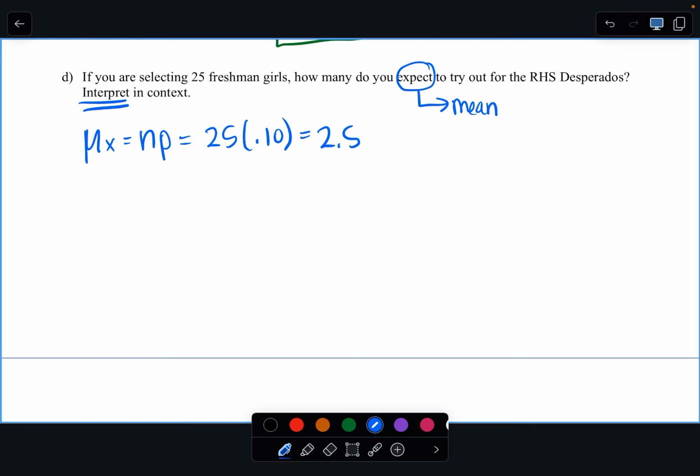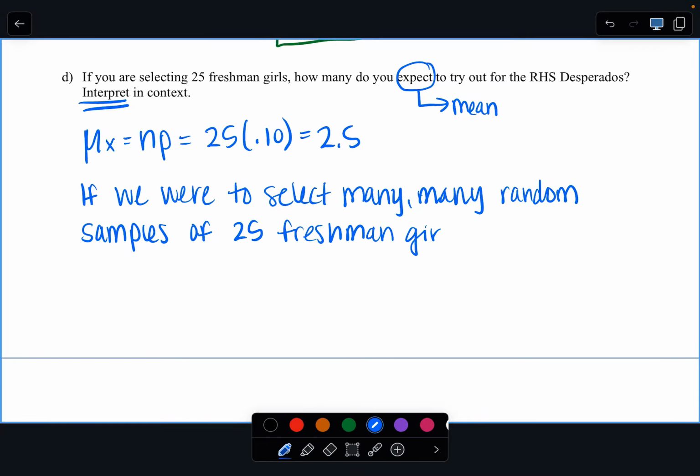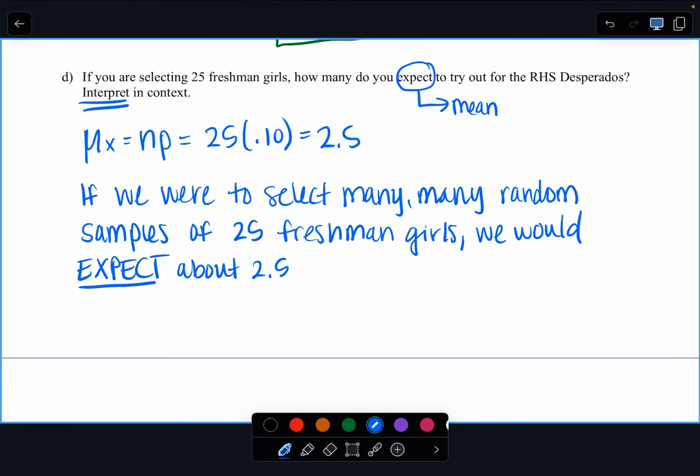So if I wanted to interpret this, and I'm following literally the same exact prompt, if we were to select many random samples of 25 freshman girls, because again, this is specifically for that sample size, 25 freshman girls, we would expect, again, making sure I include that word, about 2.5 girls to try out for Desperados.